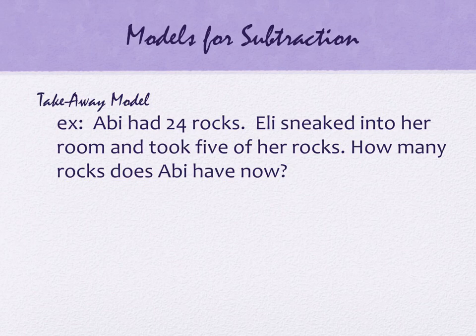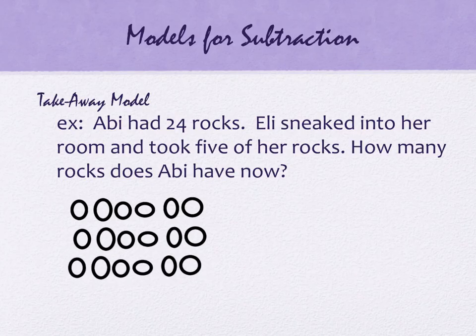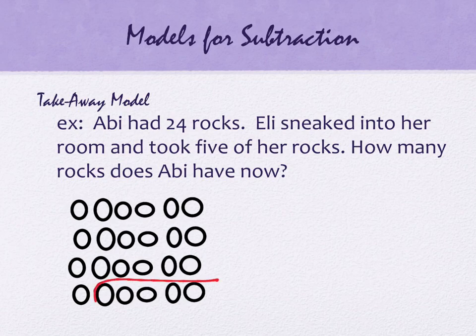So we're going to have 24 rocks. All right, I've got 24 rocks. Eli goes in and he takes away 5 of them. Out they go, and we can count the number we would have left at that point.